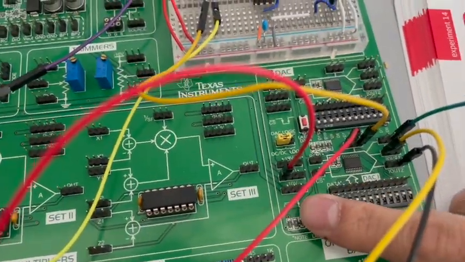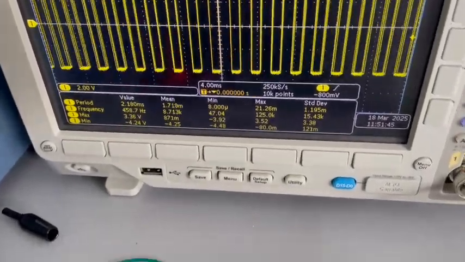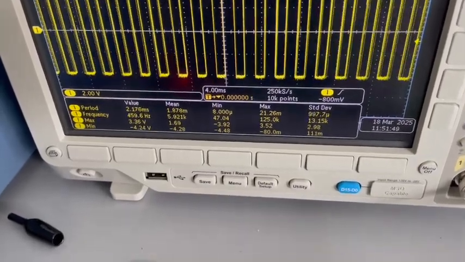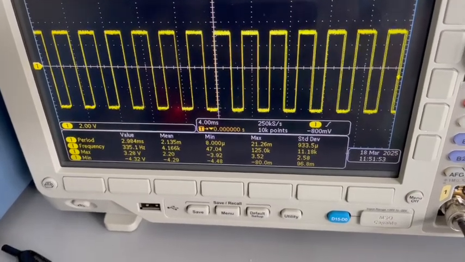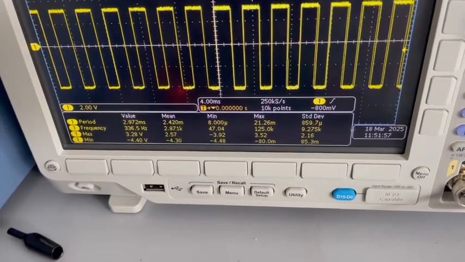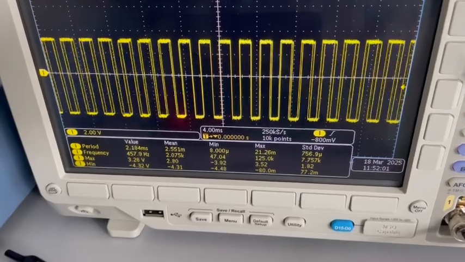Let me do it again so you can see the difference. So this is before. Basically we're actually increasing the frequency. Let me see. Yes, the frequency actually doubles.